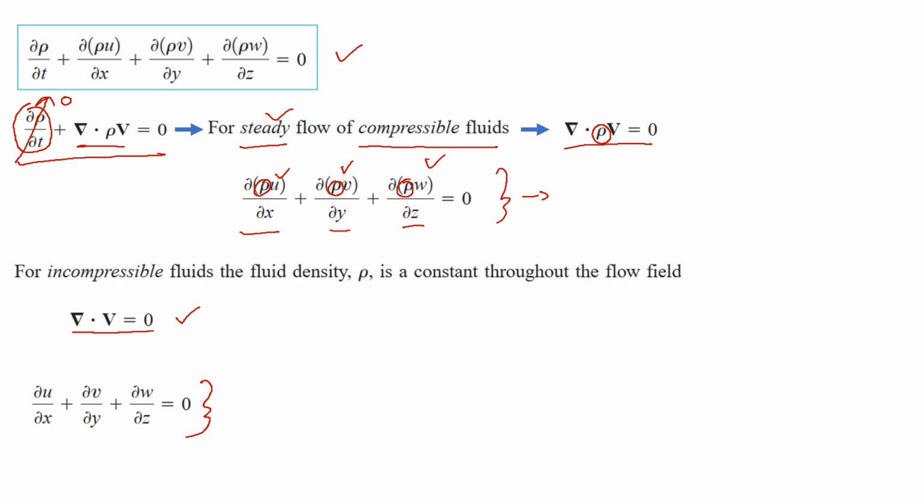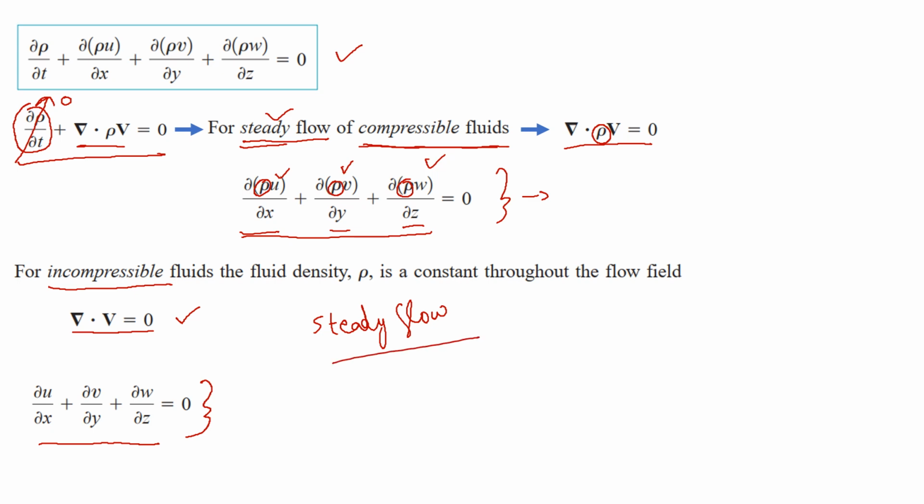So this will be for incompressible fluids, and this right here is for compressible fluids, and both are steady flows. This is also a steady flow because the partial over partial t term here is also equated to 0. So this was our continuity equation in differential form.